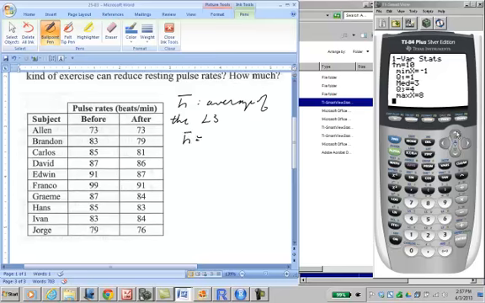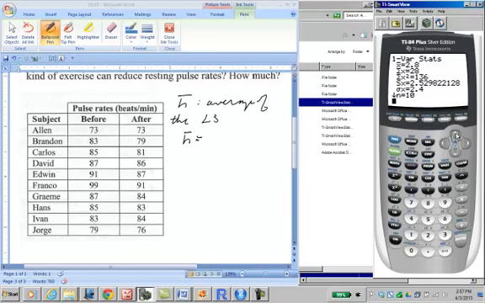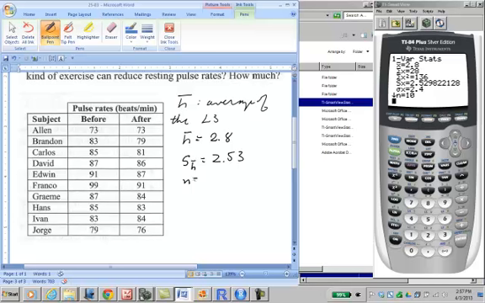And we can get it off of here: 2.8. And s of d-bar equals 2.53. And n equals 10.